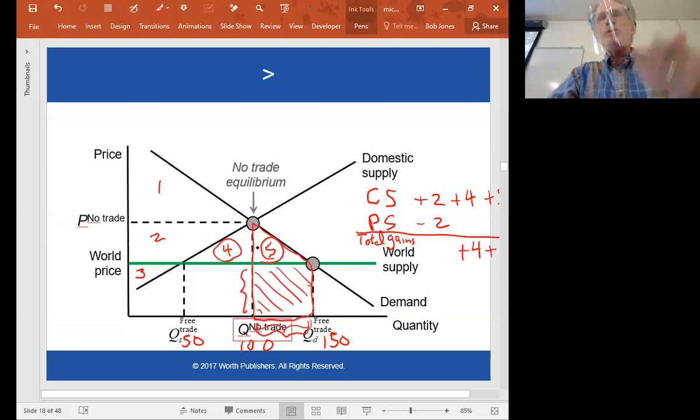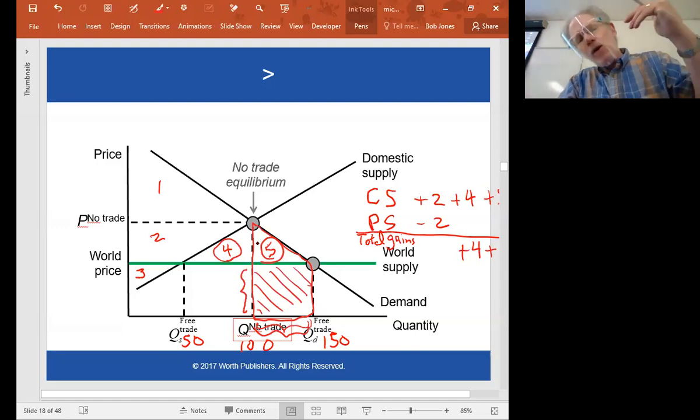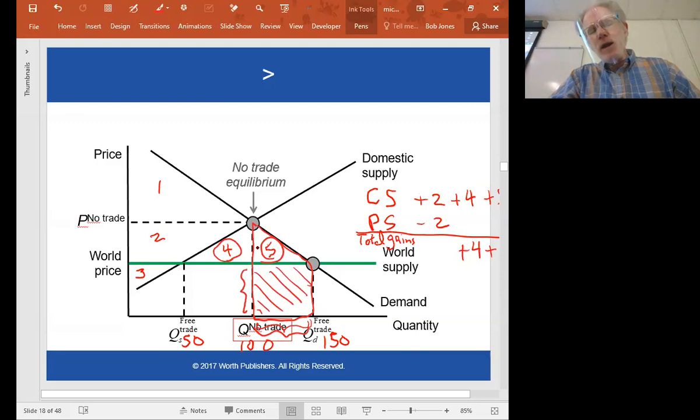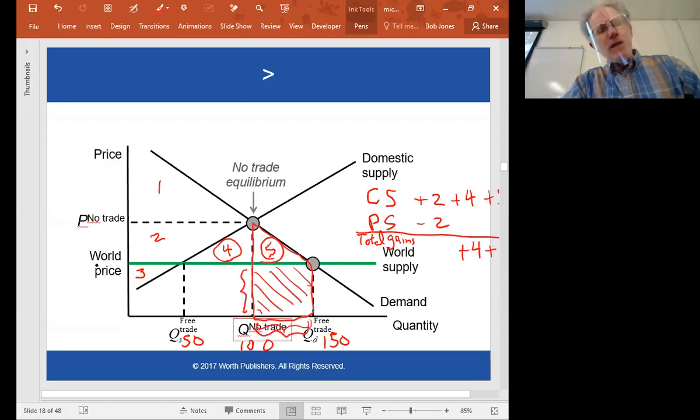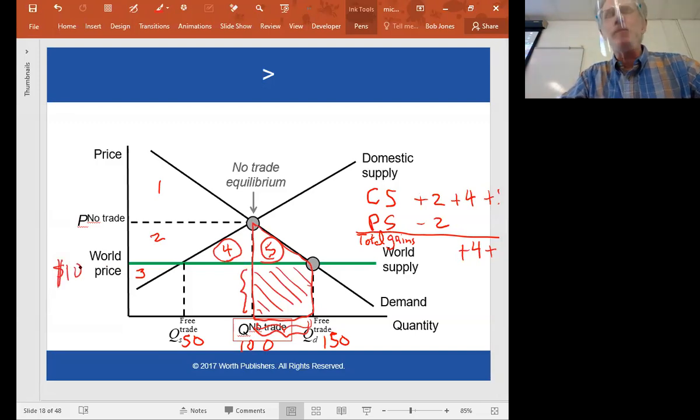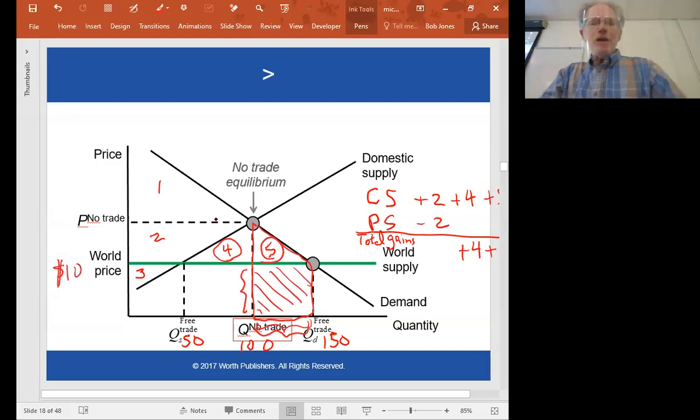It's an additional gain consumers are getting because they're able to purchase additional units of this product. And they're able to do that because they can now buy it at a price that is lower than before. Now, think about area 4.